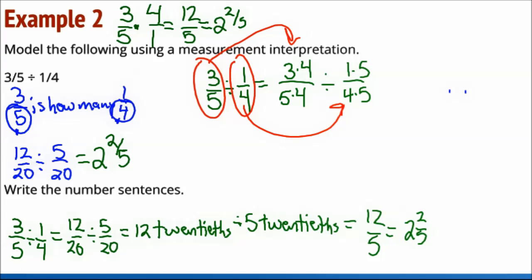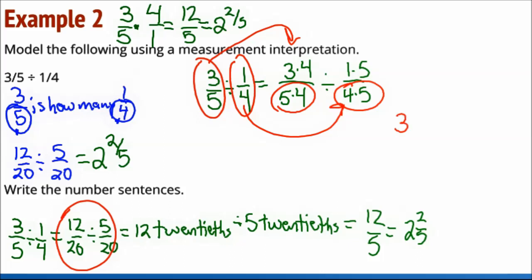And we are going to leave these in factored form. Instead of multiplying it out like we did down here, let's leave them in this factored form and take a look and see what happens. Well, these right here will be the 20ths, so they're going to divide away.